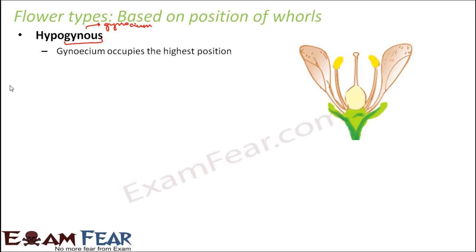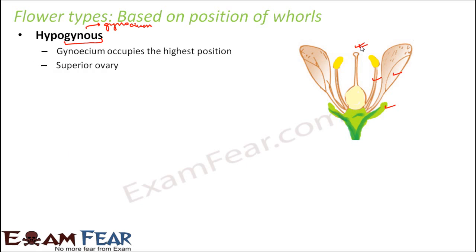So this will look somewhat like this. So this is the gynoecium, right? This part is the gynoecium. So if you see here, the sepals or the calyx is below. If you talk about the petals, they also originate from here, so they are also below. These are the androecium and this is the gynoecium. So the gynoecium occupies the highest position.